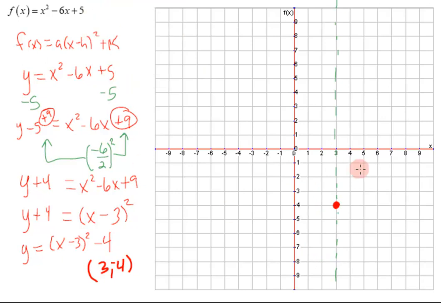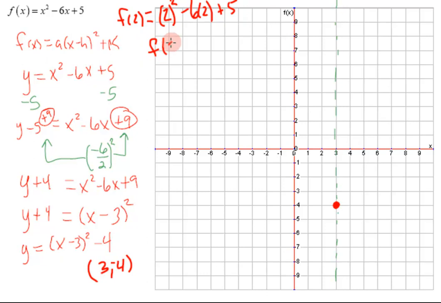So let's pick another point here. Let's just put in, say, 2, because that's an easy value. I'll go one spot to the left. So if I go back to the beginning and I put 2 in here, f of 2 equals 2 squared minus 6 times 2 plus 5.